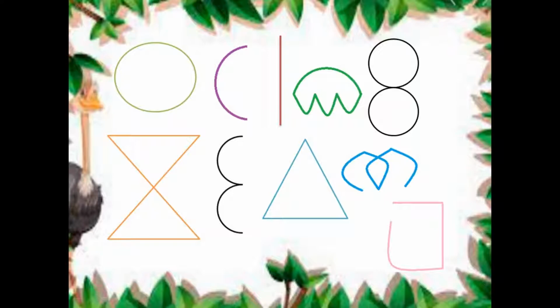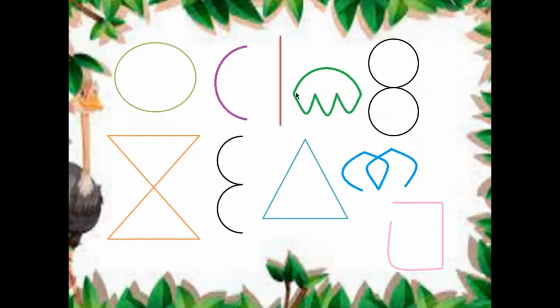Then tell me, what will be a closed curve? Let's consider the example of a circle. Just imagine the starting point is here. When I move the pen like this, it will end at the same point. The end point and the starting point are the same here. Look at the triangle also. I can draw the triangle in the same stretch, right? Yes.